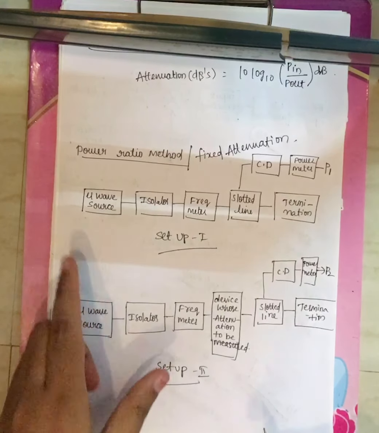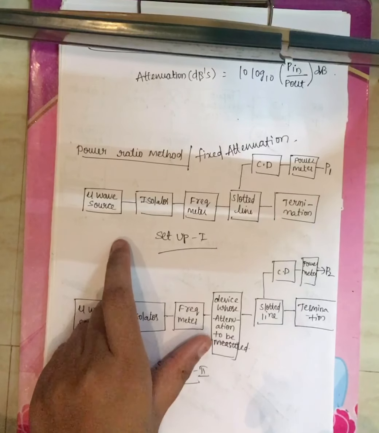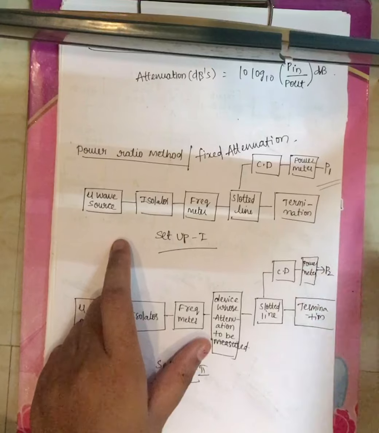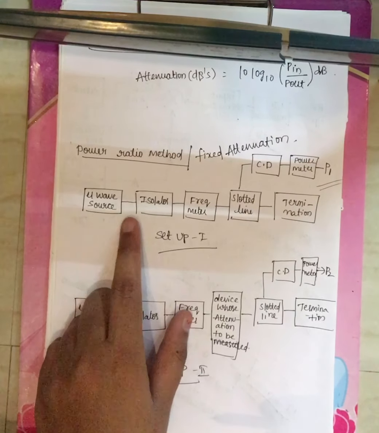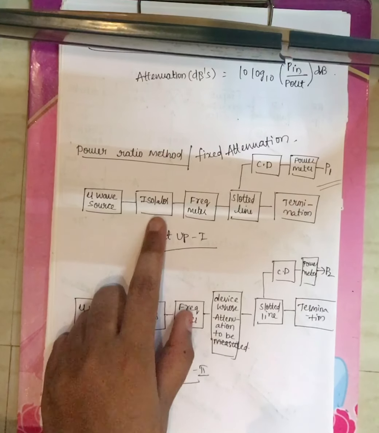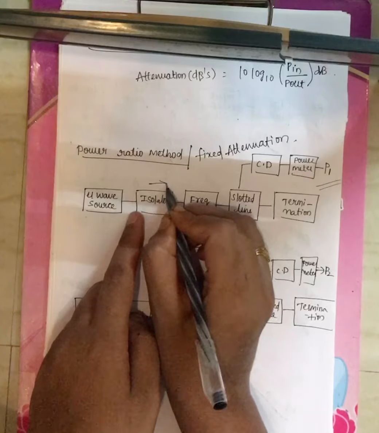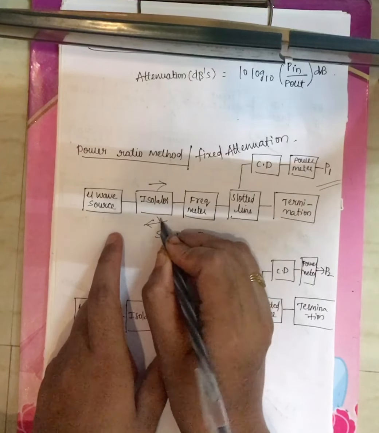Now the microwave source will generate a microwave signal, and that signal power is measured at the power meter, that is P1, right? The signal is given to the isolator. It will allow the signal in the forward direction and block the signal in the reverse direction.